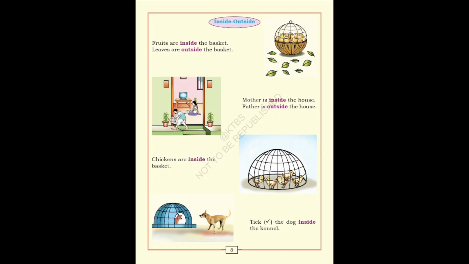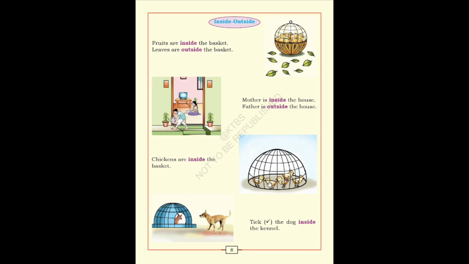Next example, so one home is there and mother is inside and father is outside. So mother is inside the house, so she is engaged in work inside the house, and father is outside the house, means he is doing some work outside of the house.